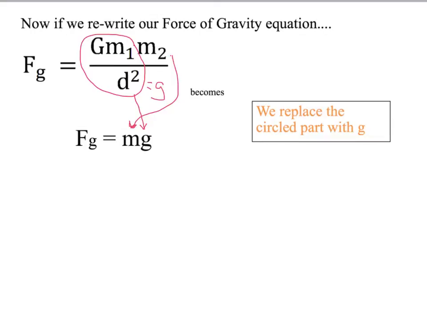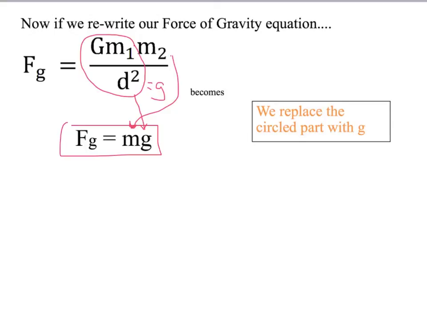What we're doing is replacing the circled part with little g, and mass 2 is still just there as it was before. So here's a new equation we've got. We can say Fg is just equal to mg.